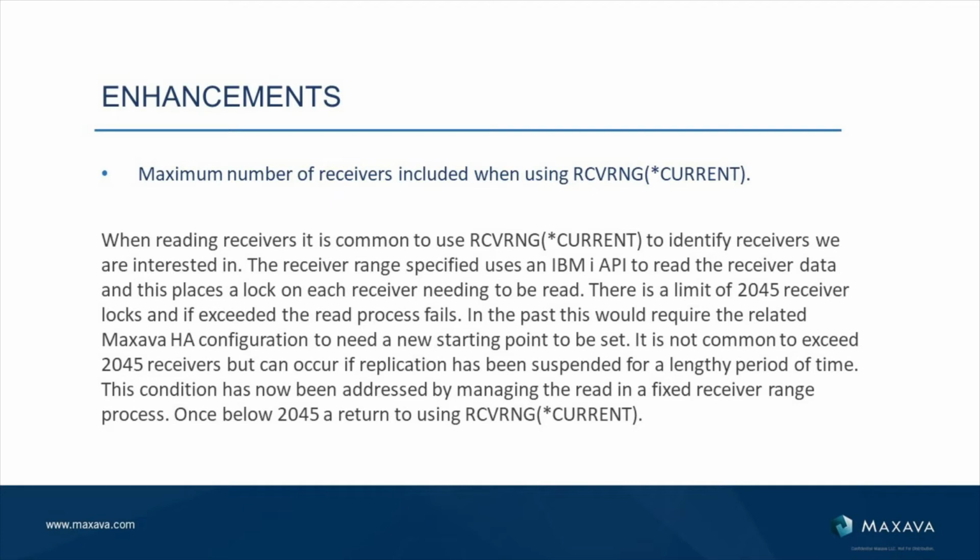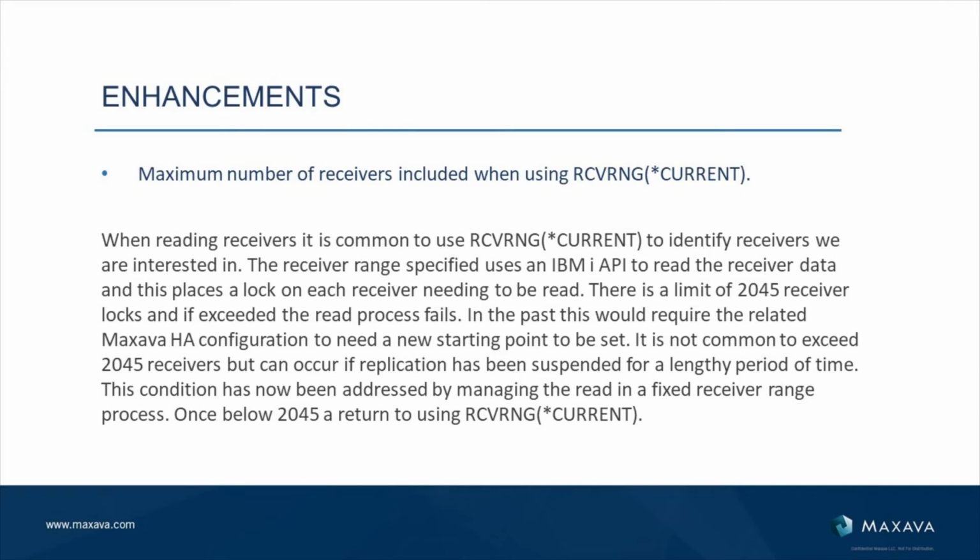In the past, this would require the related Maxava configuration to require a new reset start point to skip past receivers until it's below 2045. It is not common to exceed 2045 receivers, but this can occur if the replication has been suspended for a lengthy period of time.